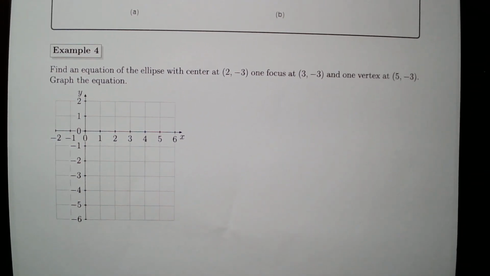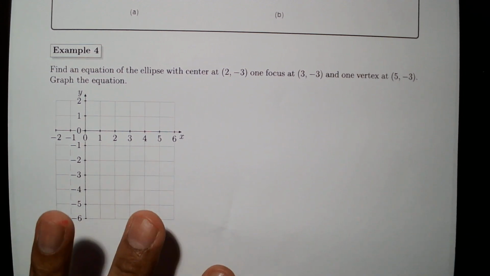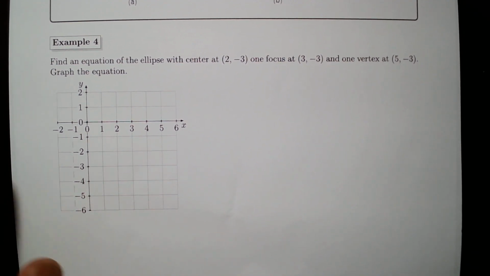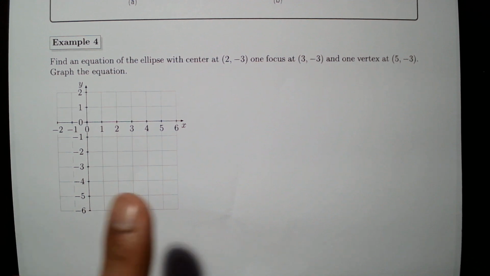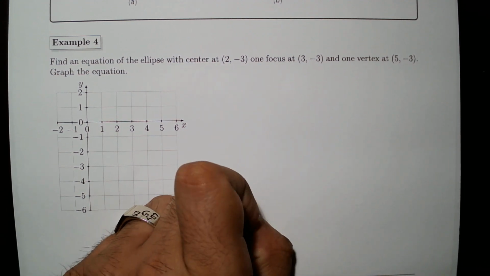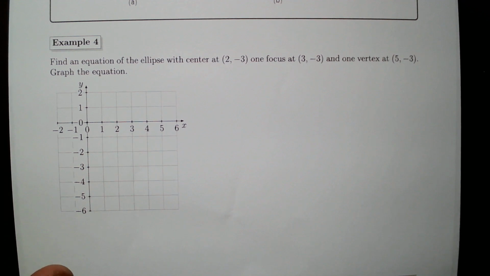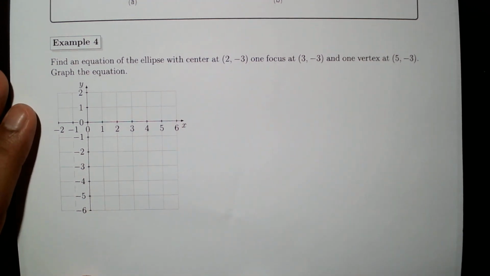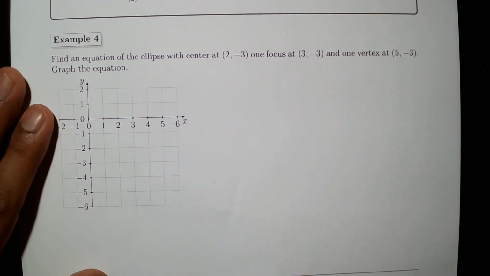Find an equation of an ellipse with center at (2, -3), one focus at (3, -3), and one vertex at (5, -3). All right. First of all, let's plot the points that are given in the information.